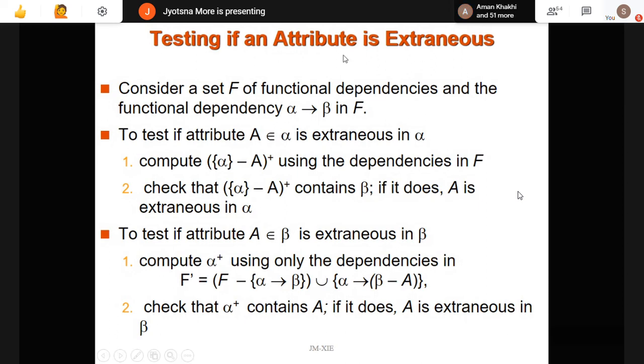I have done this for a previous example also, where we checked attribute A as extraneous. If the attribute belongs to the left side, you have to solve it this way; if you want to check the right side, you have to solve it that way.